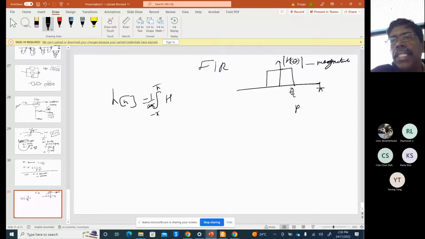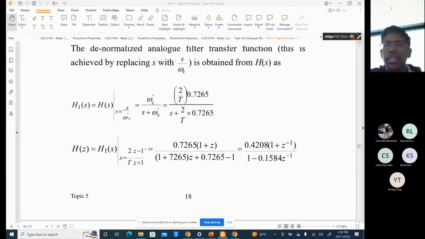And what is the phase response? The phase response we already know, e to the j phi(theta), because for FIR filter design it has to be linear phase.